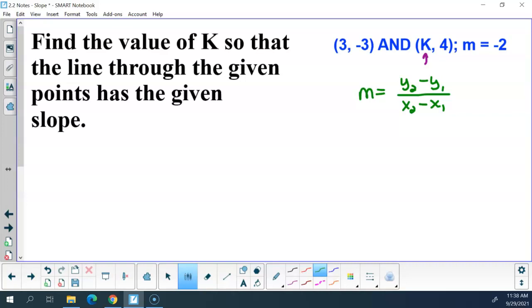What do we know? M equals negative 2, so let's put negative 2 in for M. What else do we know? 4, 3, 5, 3. So the numerator, is that top or bottom? Top. Top, 4 minus 3, 4 minus 5... 4 minus negative 3.